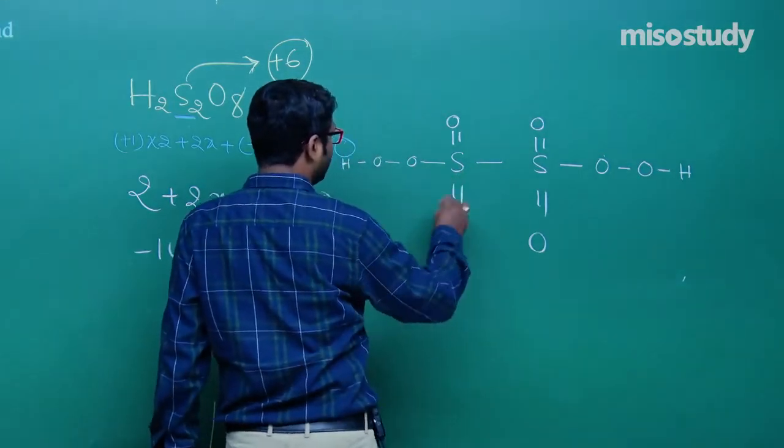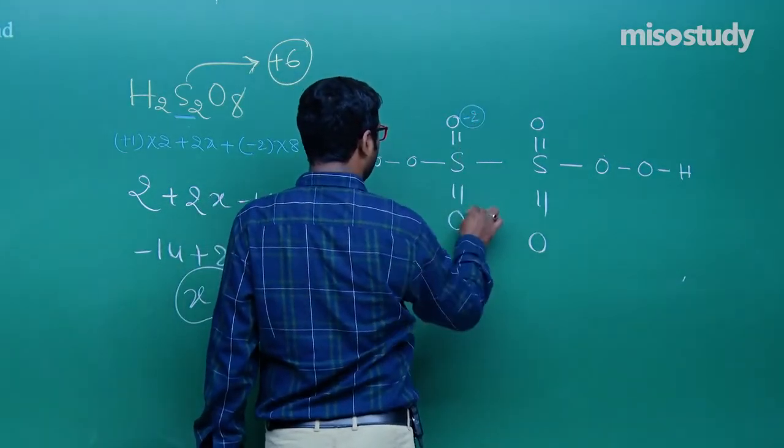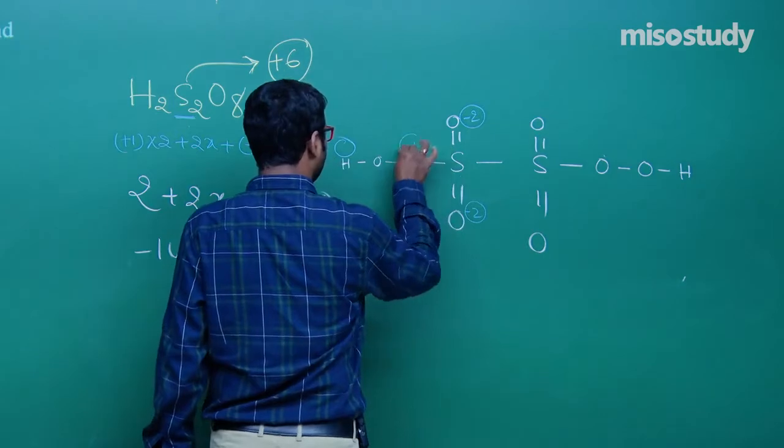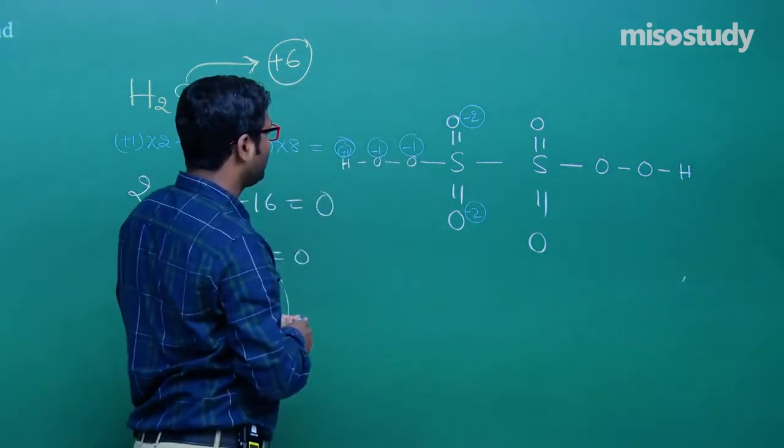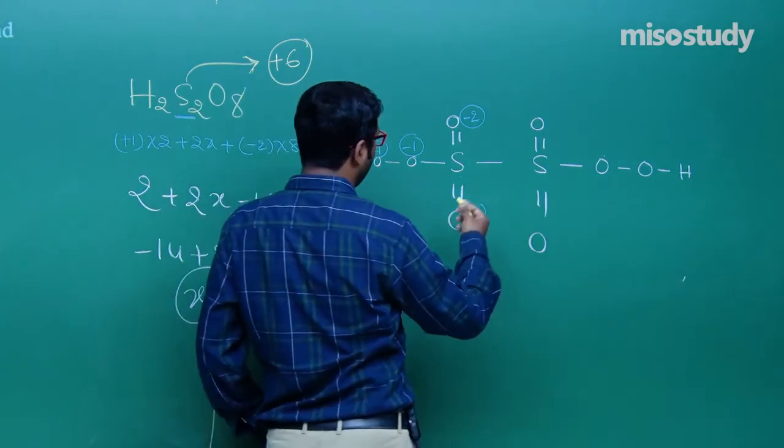If I talk about this one, minus 2, minus 2, minus 1, minus 1, you can also check this one is plus 1. If I talk about this side, what will happen in this case?